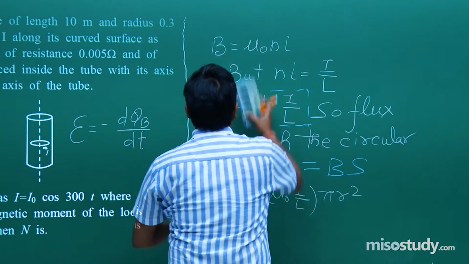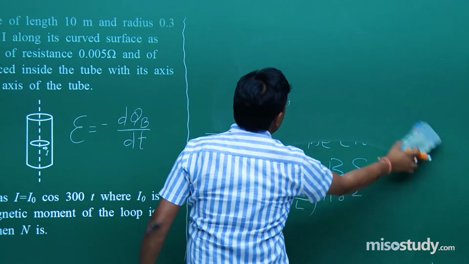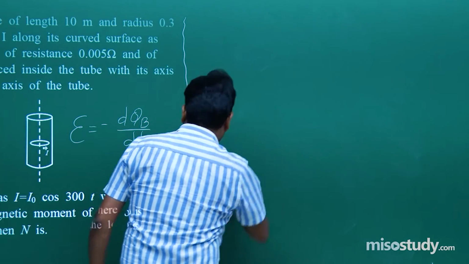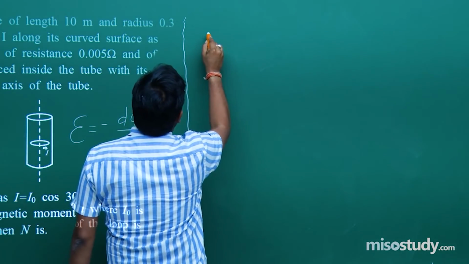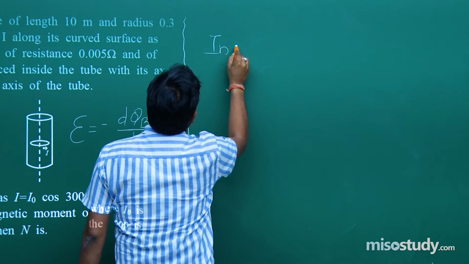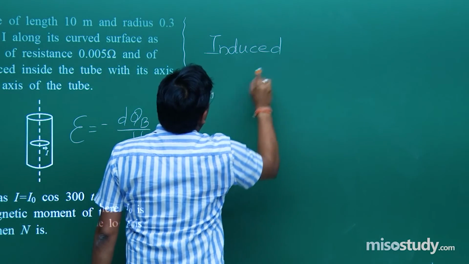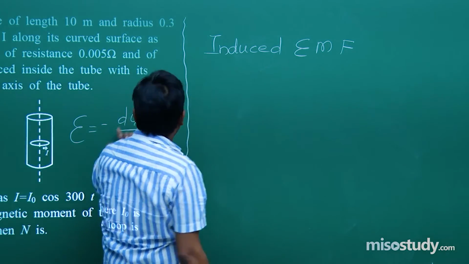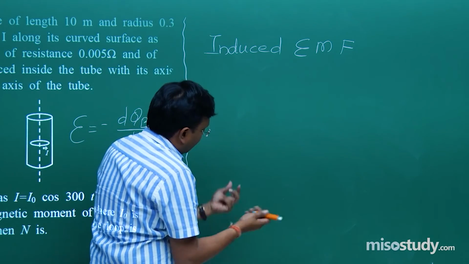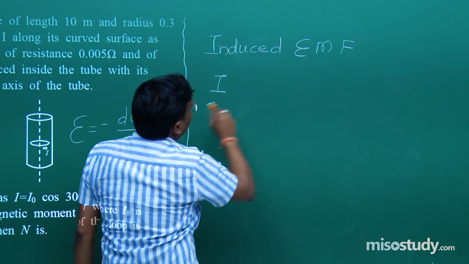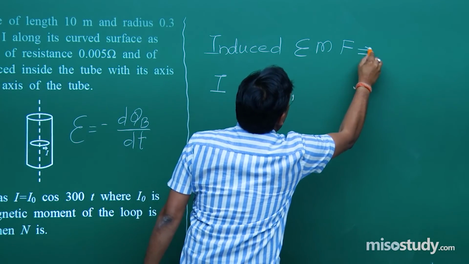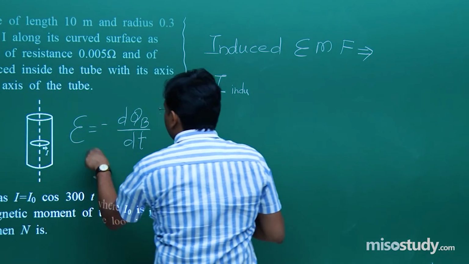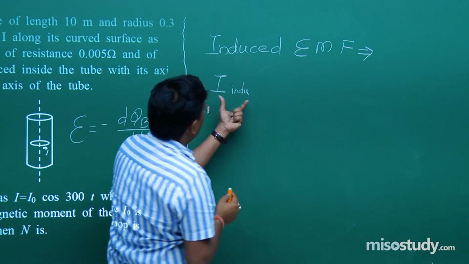Using this relation, what can I say about the induced EMF? From this relation we can find it. Now I am not writing the expression, but directly the current relation. Because of this induced EMF, whatever current is induced, that I am going to write.